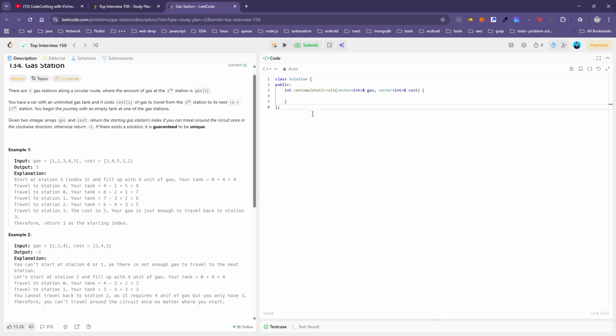So if the solution exists, there can only be one index. If we start from that index, we will be able to reach that index. So we will check every index, and if we are able to start at the ith index and reach the ith index after traversing the whole circle, then we return that index, else we return -1. Okay, so let's code the solution.